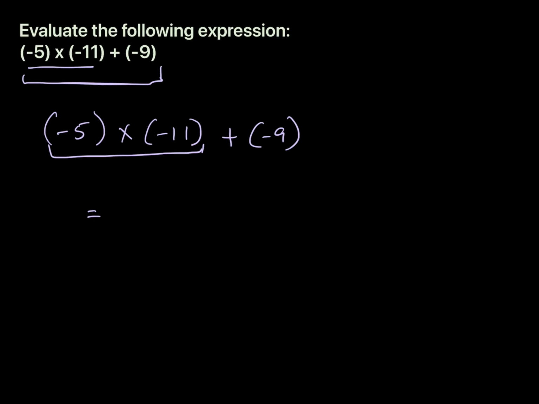The product of two negative numbers is a positive number, so 55 plus minus 9, which is equal to 55 minus 9, which is 46.